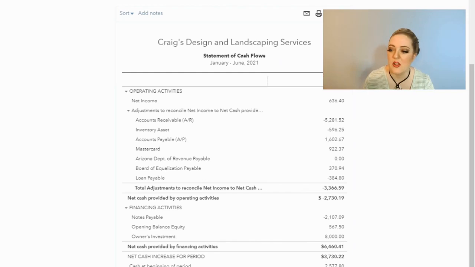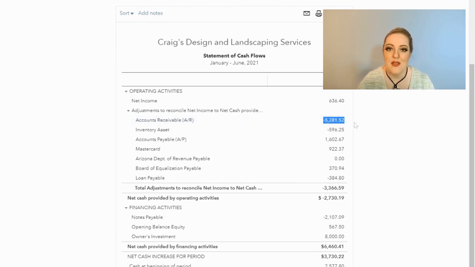Reading this, we're going to look through it line by line. The biggest thing that we see here is that there was net income for the year to date, but they have accounts receivable. What this means is they have income that's reported on the income statement, but they haven't actually collected that cash, to the tune of $5,300.